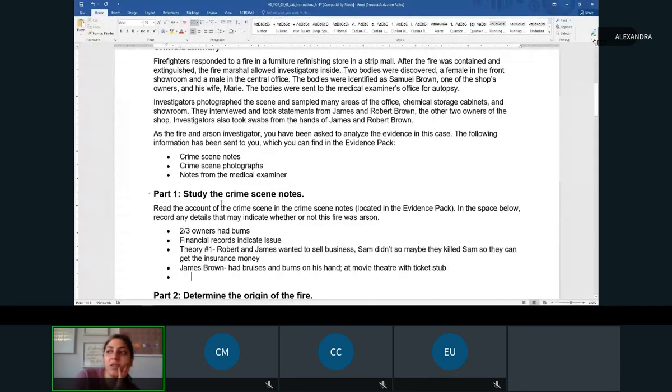But what about the other brother? What did they say about Robert? That he was home alone watching a basketball or whatever game because his wife and kids were out of town. Okay, so we have Robert, who has no burns, right? At least nothing that they noticed, but he was home alone. Anything else seem suspicious?